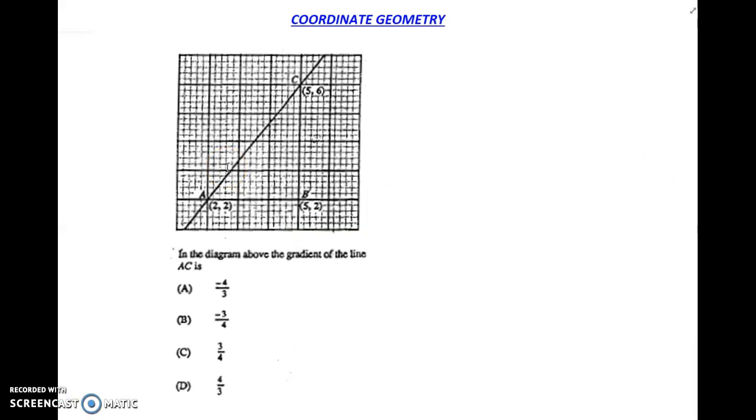In this question, it says in the diagram above, the gradient of line AC, so we want to find the gradient of line AC. First of all, we need to know our points. A is what? From the diagram here, 2, 2, and C is 5, 6, right? Straight from the diagram, right?